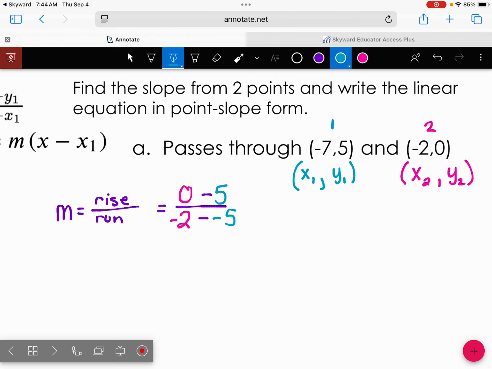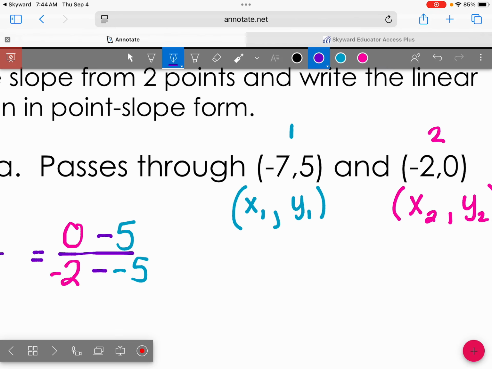As long as your 2's are stacked in a column and your 1's are stacked in a column. I just set it up this way so that it matched up, but you will get the exact same thing. But I know we like to follow the formulas and the rules.